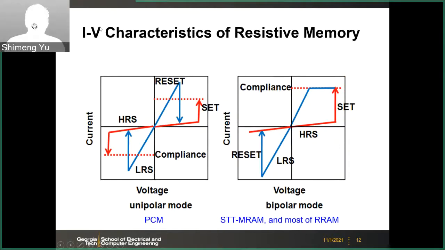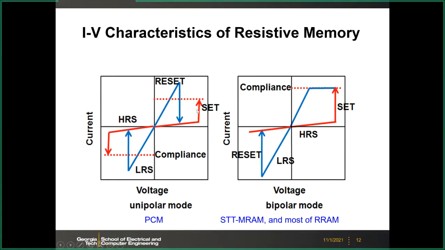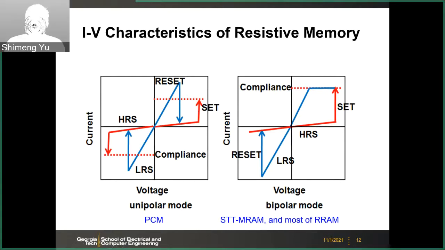And here we show the typical IV, current versus voltage, characteristics of the resistive memories. There are two modes. The first one is called unipolar mode. That means the switching from on to off or off to on can be achieved using the same polarity of the voltage.